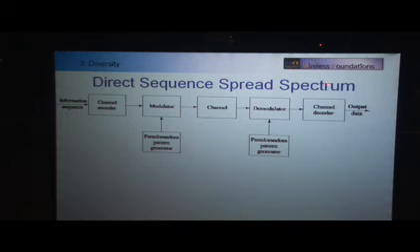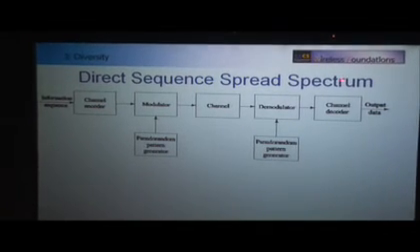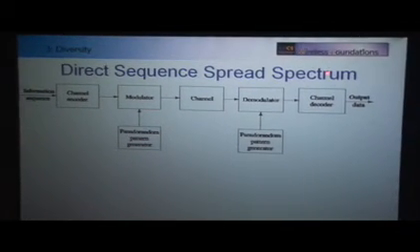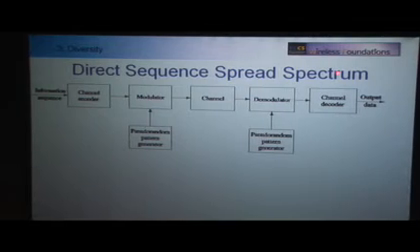So let me put some numbers here. In a classical IS-95 system, your data rate is like 9.6 kilobits per second. That's voice, one natural rate of voice. Your bandwidth is 1.25 megahertz.